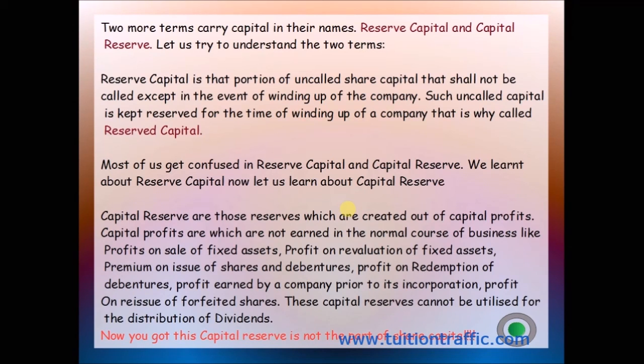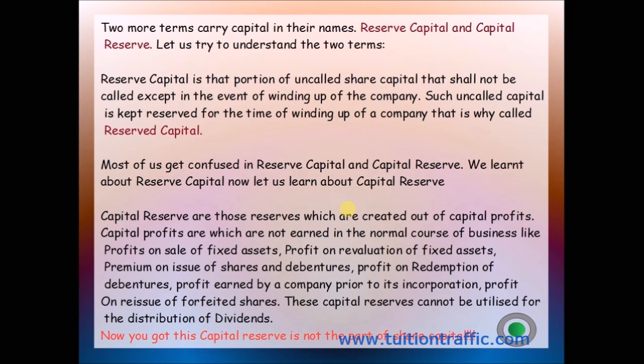For example, profit on sale of fixed asset, profit on revaluation of fixed asset, premium on issue of shares and debentures, profit on redemption of debentures, profit earned by a company prior to its incorporation, and profit on forfeiture and reissue of shares. So capital reserves are those reserves which are created out of these capital profits.